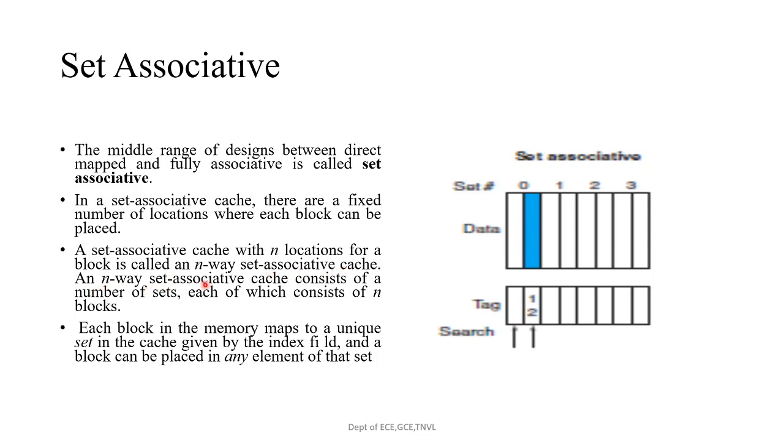An n-way set associative cache consists of a number of sets, each of which consists of n blocks. Each block in memory maps to a unique set in the cache given by an index field, and a block can be placed in any element of the set.